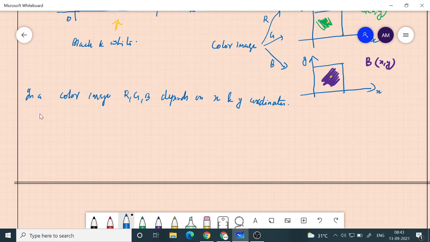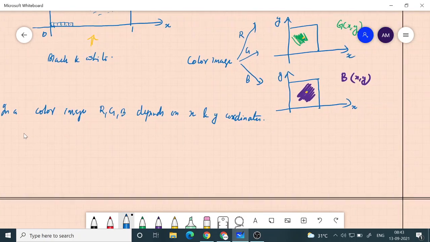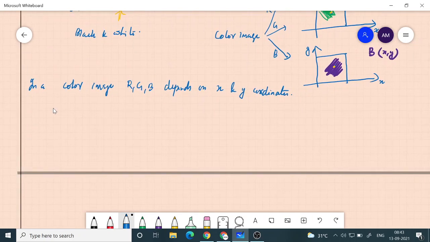Okay. Another example, a video signal. Example 3. It could be again black and white video signal, or it could be a color.